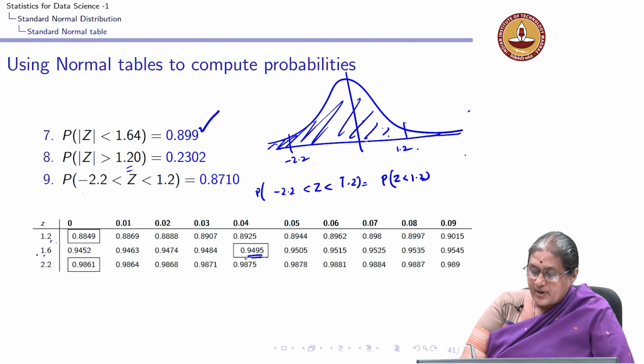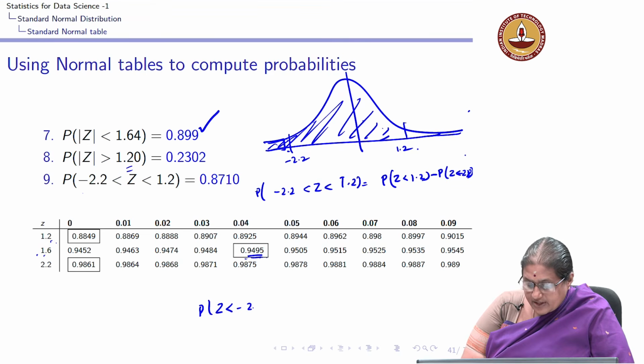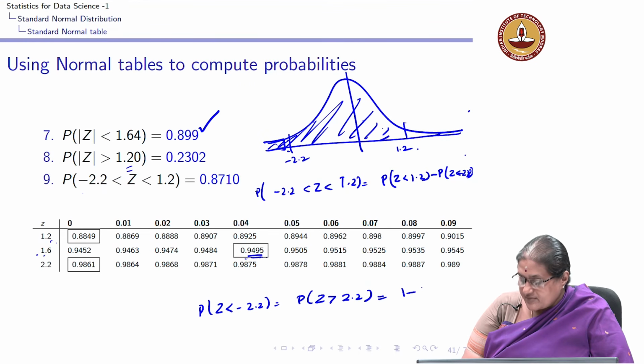This area minus this area, which is probability z is less than minus 2.2. Probability z is less than minus 2.2 is the same as probability z is greater than 2.2, which is the same as 1 minus probability z is less than 2.2.